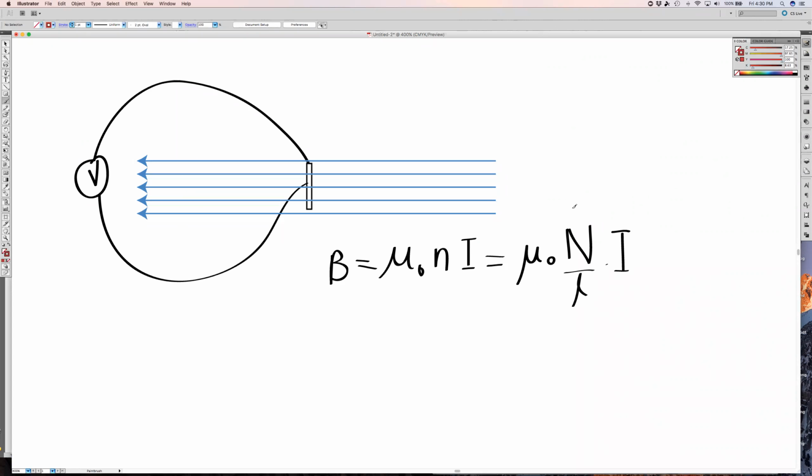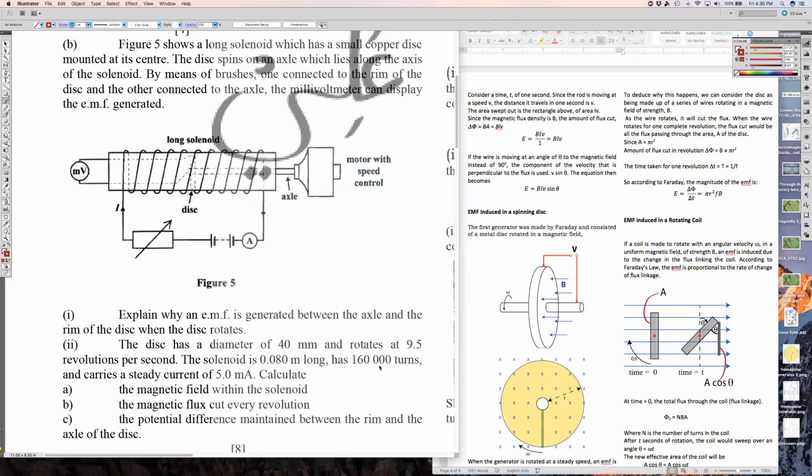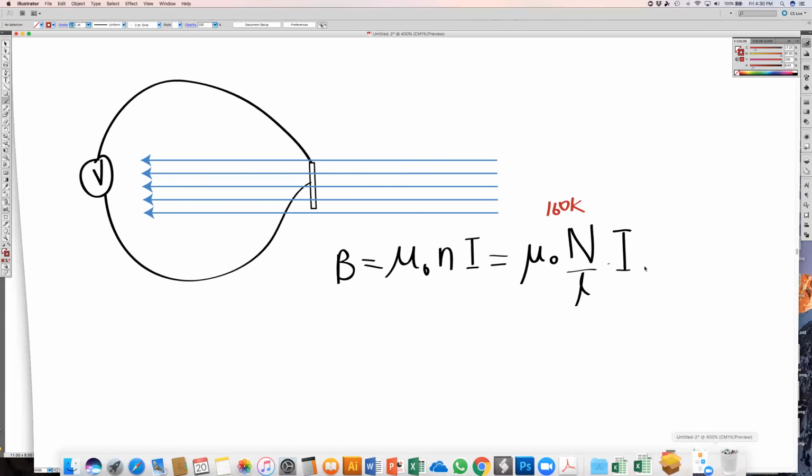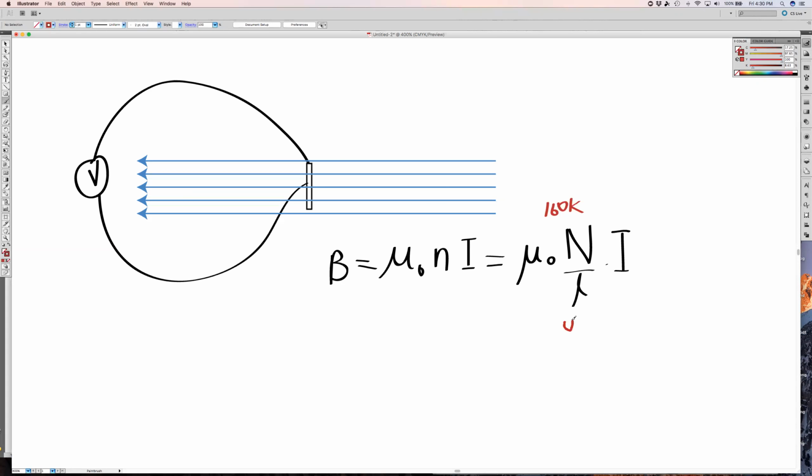They gave us N as 160,000. They gave us L to be 0.08. And they gave us I also. I is 5 milli, which is 5 by 10 to the minus 3.